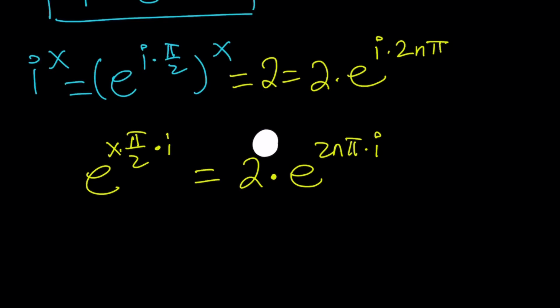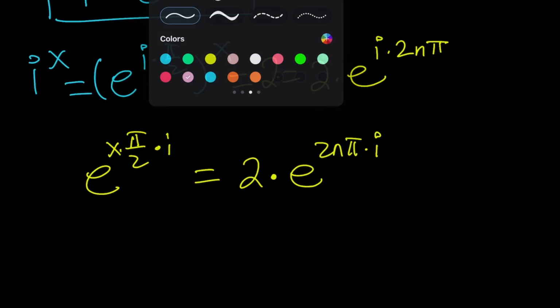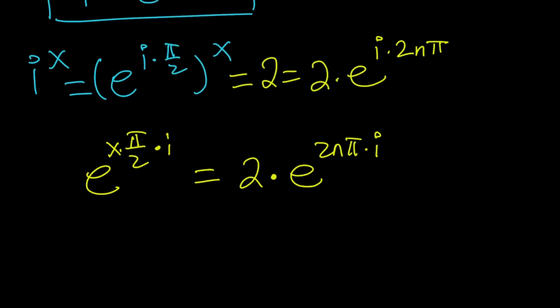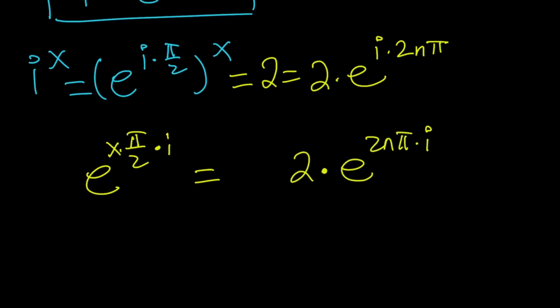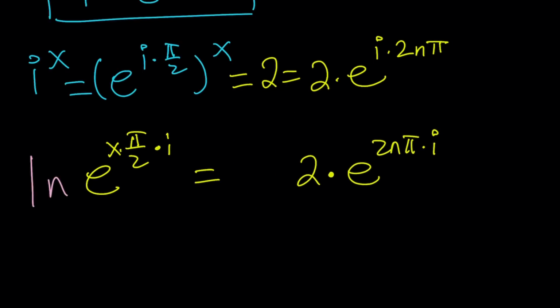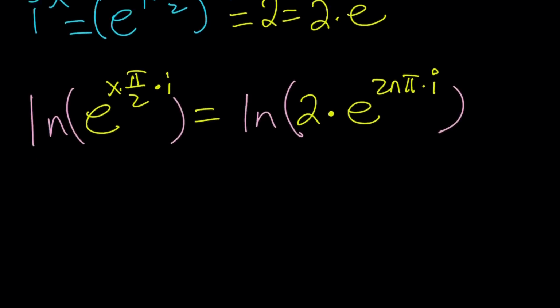The exponent is what we need to solve for, so we need to use logarithms here. For this purpose, I'm going to use the natural log, which is ln. So let's take ln of both sides. If we do, we're going to get rid of all the exponents that are causing the trouble. So we have ln of this equals ln of that.